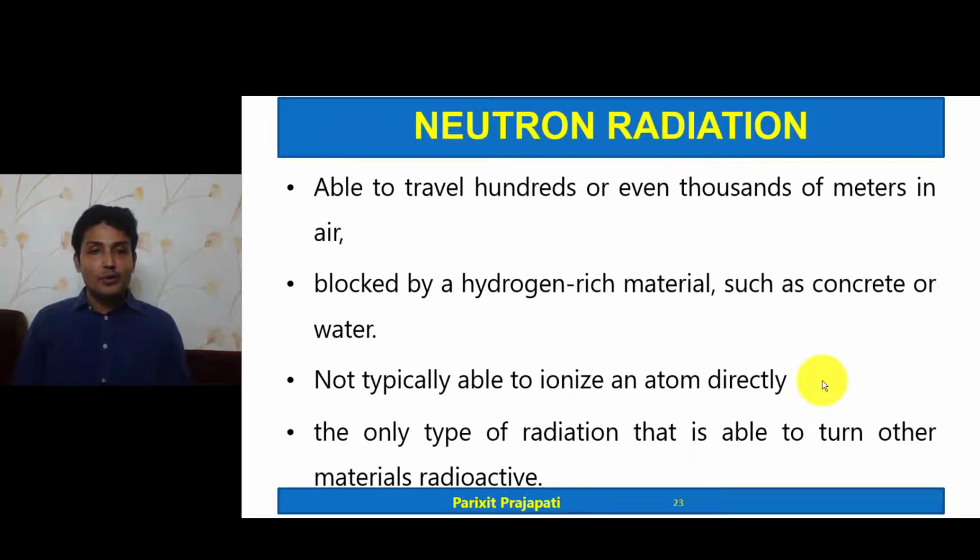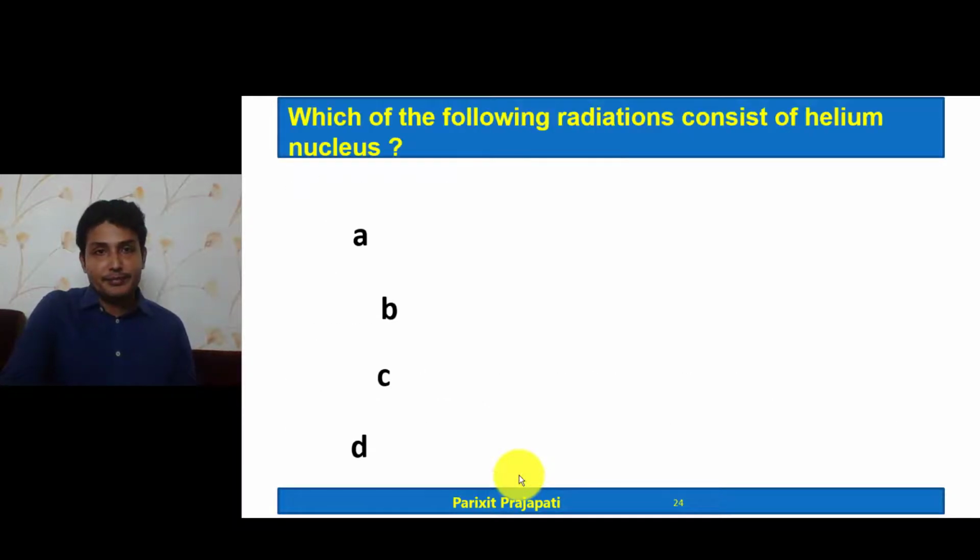Then what can they do? They are the only type of radiation that is able to turn other materials radioactive. So directly they are not ionizing atoms, but they are helping other materials to become radioactive or to emit radiation.